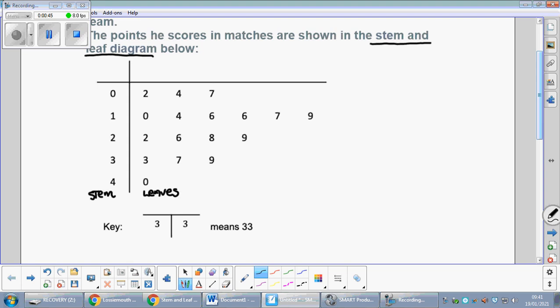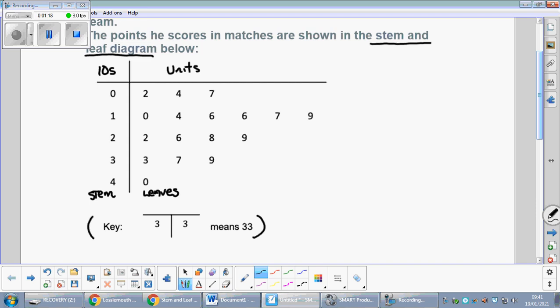Now, when you make a stem and leaf diagram, you must have a key. Key is really important. It tells us what's going on. So the key says that 3 stroke 3 is 33. So it says that, that and that equals 33. Okay, so that tells us that the stem here is in tens, and this here is units.